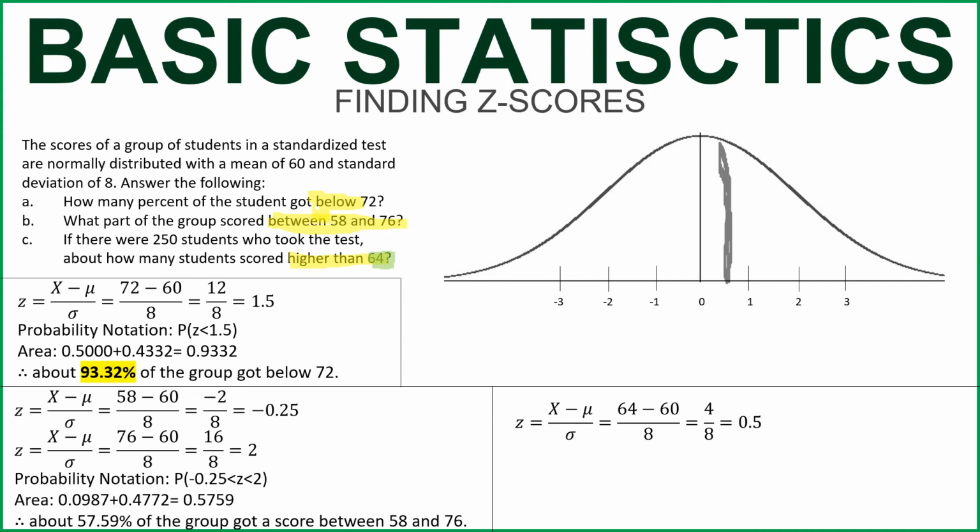So, higher than 64. What does that mean? What is the probability notation of that if we say higher than? Its synonyms is greater than, right? So, our probability notation is z is greater than 0.5. So, if it is greater than, mas malaki sa 0.5.